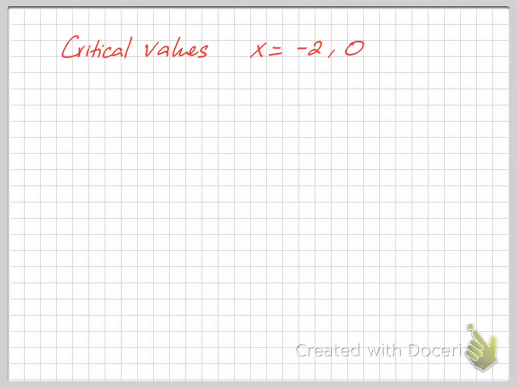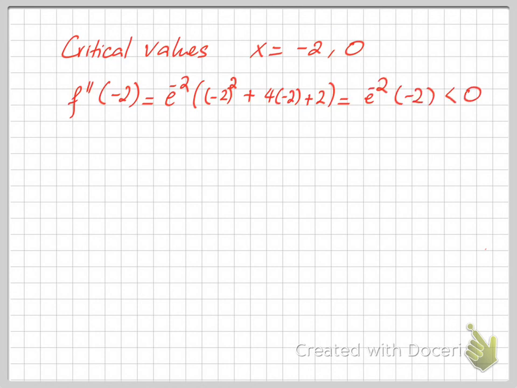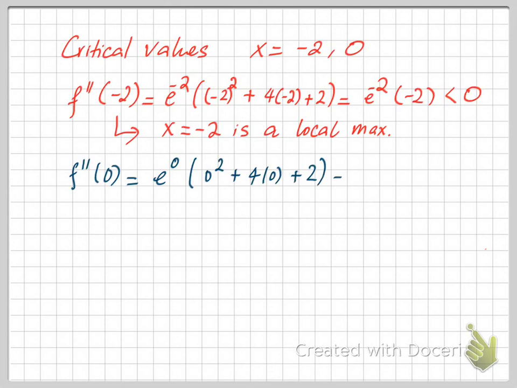And let us remind ourselves that our critical values are x equals -2 and 0. If you plug -2 into the second derivative function, you get e to the -2 times -2, which is a negative number. So you know that x equals -2 is a local maximum.